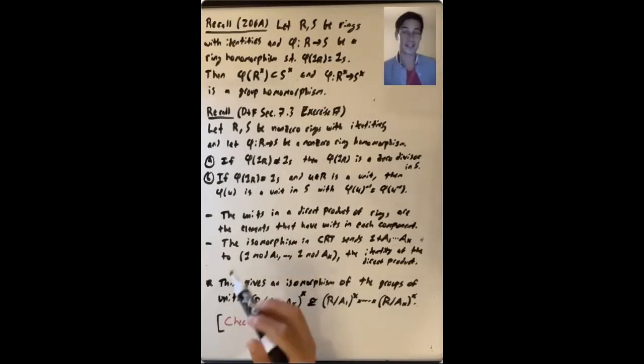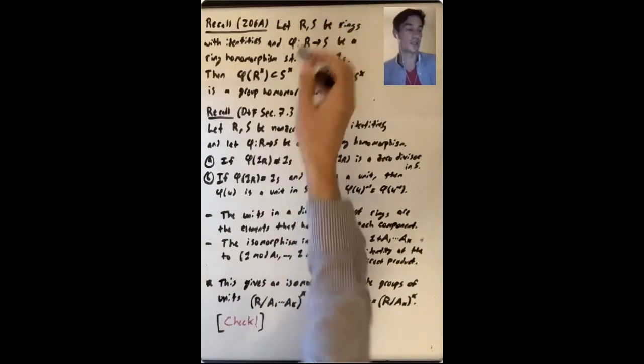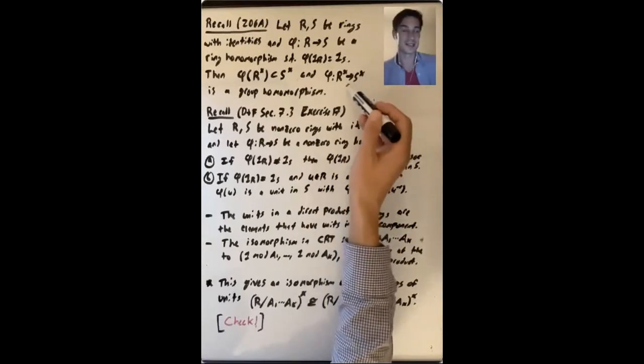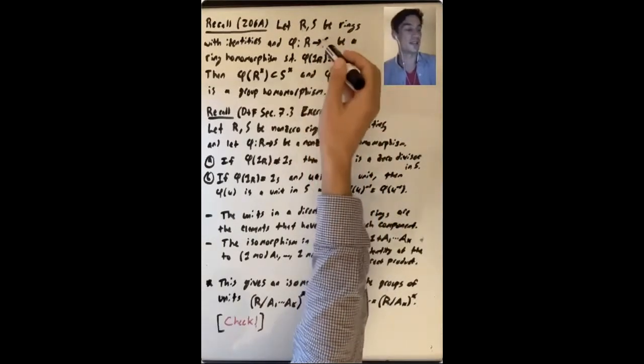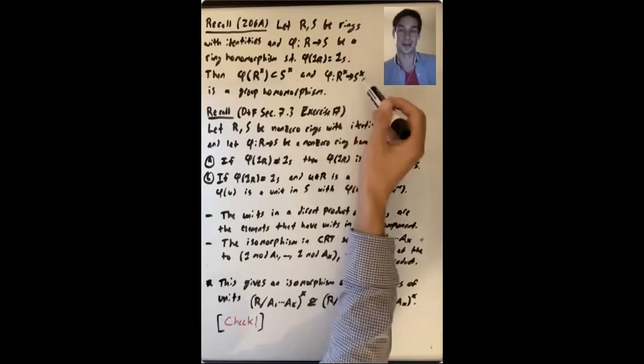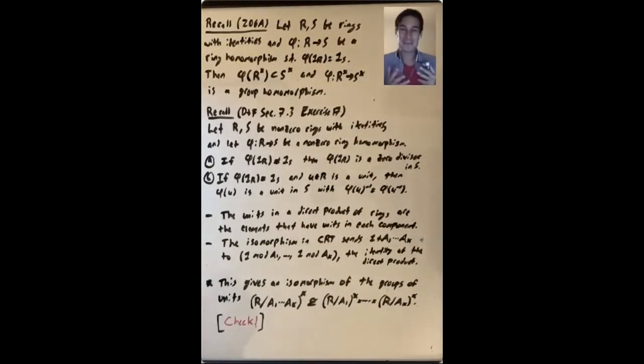I don't think that's so clear given how this was presented in Dummit and Foote, but it's true, and you can check if you just look at what this group homomorphism is. In the particular case that phi is an isomorphism, you'll see that this is an isomorphism as well. I spent a little while thinking about this and wanted to point out that there really is something to think about here. So you should check that you really believe that this is true.